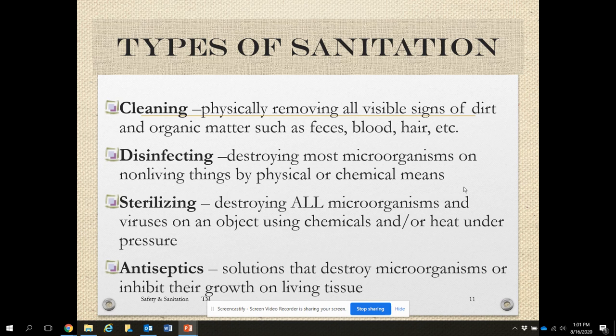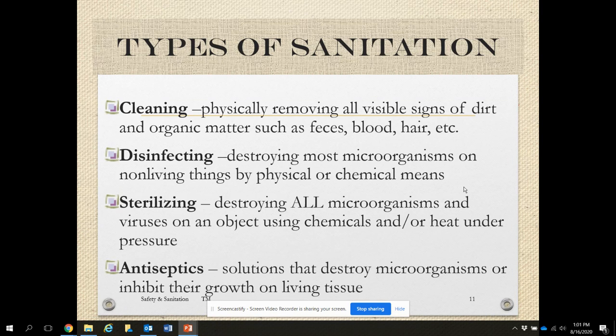Sterilizing is destroying all the microorganisms and viruses on an object using either chemical or heat under pressure. That would be an autoclave, which is kind of like a big pressure cooker. And that's how we sterilize instruments before they go to surgery.